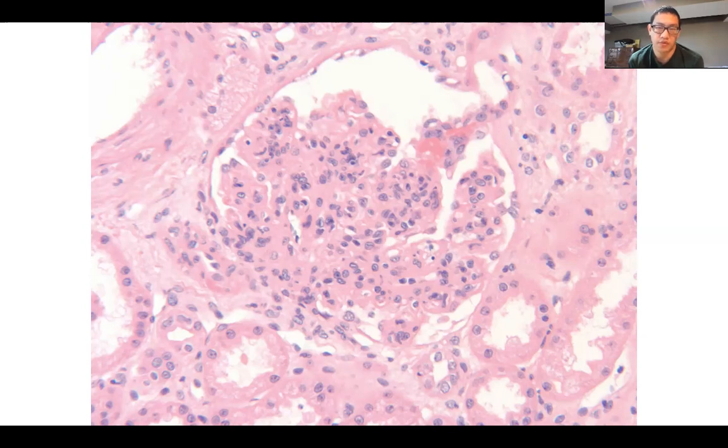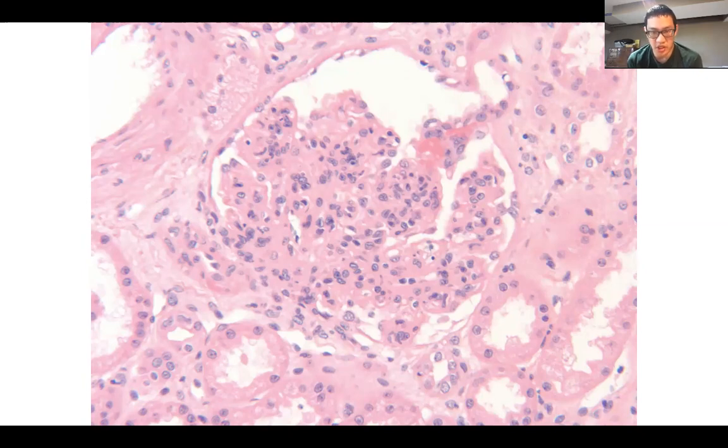So one of the ways I approach this is, okay, so yeah, definitely endocapillary proliferation, as mentioned. One of the ways I approach a biopsy when I don't know what I'm looking at per se is I just start describing what I see, and you try to be as objective as possible.